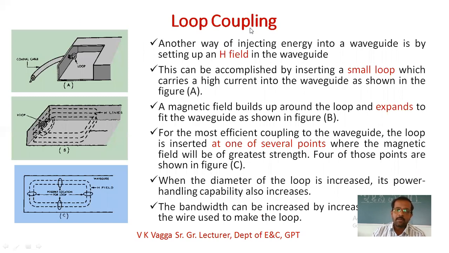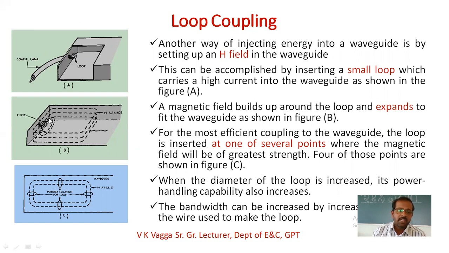If you take the loop coupling, a coaxial cable is inserted into the waveguide and shorted, and it forms a loop inducing the H field, the magnetic field.